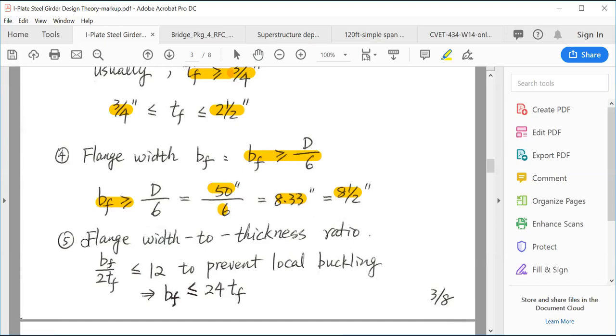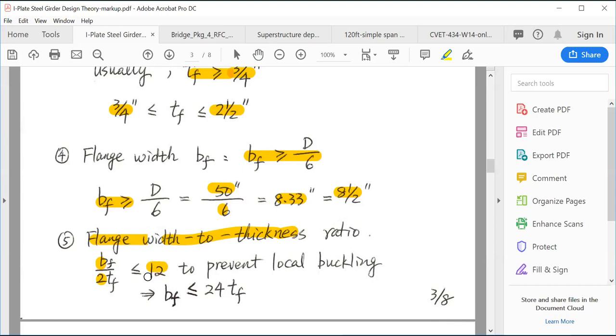The next step is to determine the maximum flange width. Maximum flange width is determined by the width to thickness ratio, which needs to prevent local buckling of the flange. The ratio is BF over 2TF, and this width to thickness ratio of the flange should be no greater than 12.